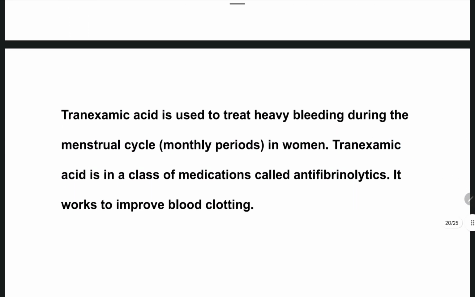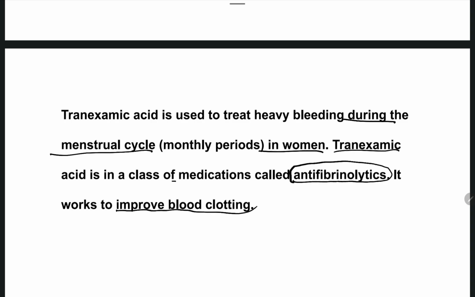So this drug can be used to treat heavy bleeding during the menstrual cycle in women. So tranexamic acid is a class of medications called antifibrinolytic drugs. Its action is to improve blood clotting. By improving the blood clotting, we can prevent the bleeding.